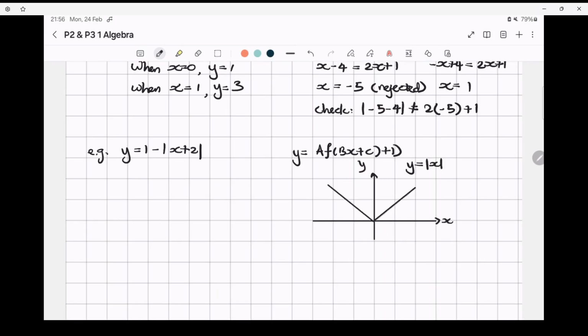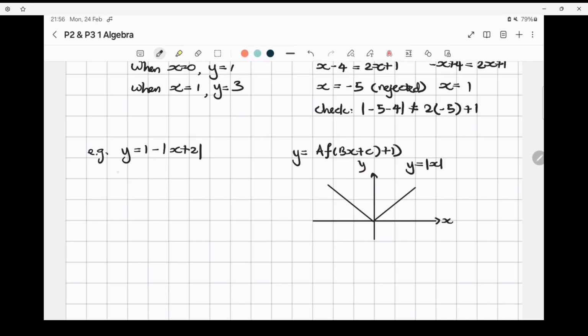So what you need to do is to apply function transformation and then see how the end result looks like. So over here you have a minus sign. So this means that you need to reflect on your x-axis, and then you move up by 1 unit.